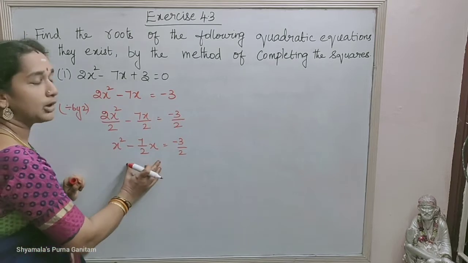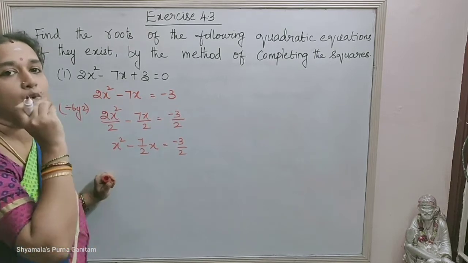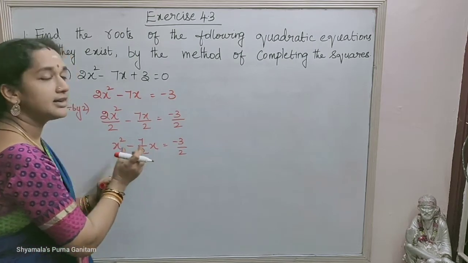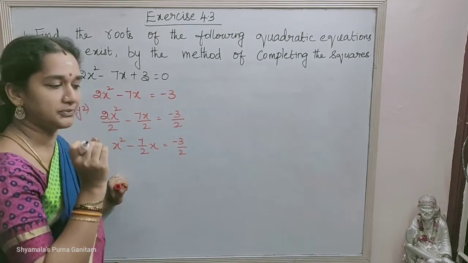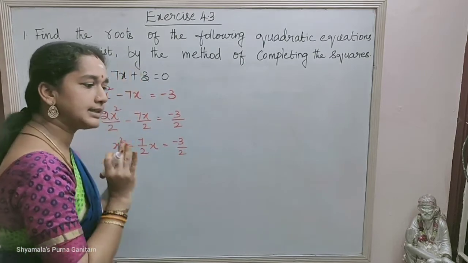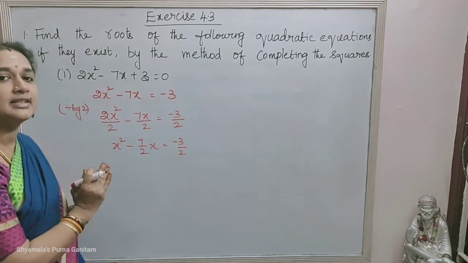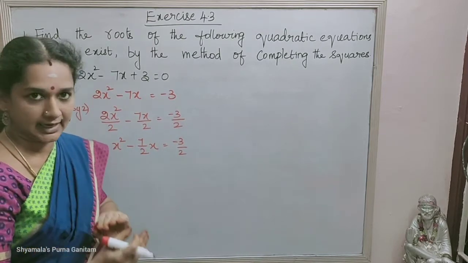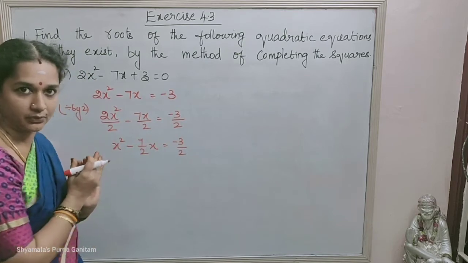Now you have to add half the coefficient of x. You have to add the square of half the coefficient of x. This is the coefficient of x.